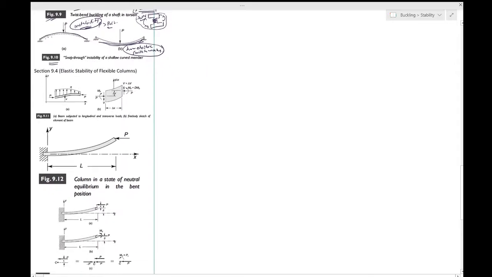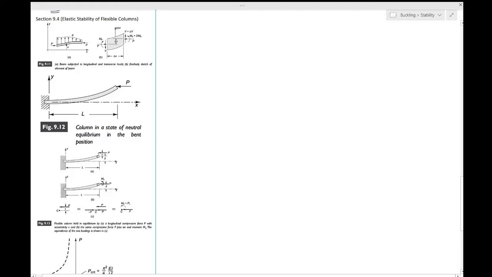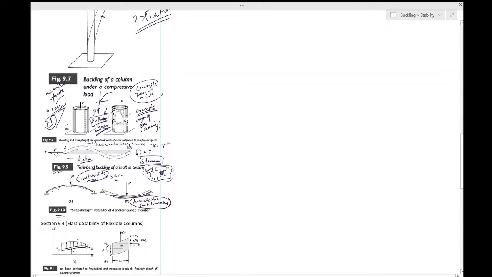Let's see how the instability of a flexible column can be studied. Out of all the examples which we have just described, we shall investigate only one in full detail. This one.